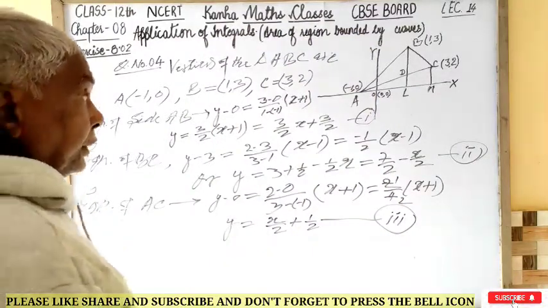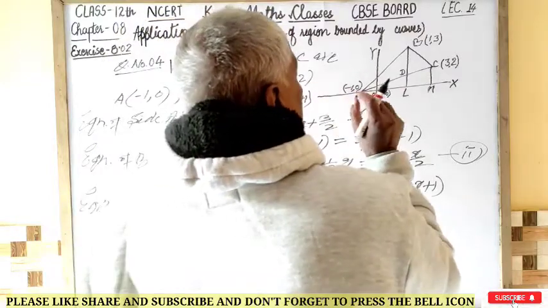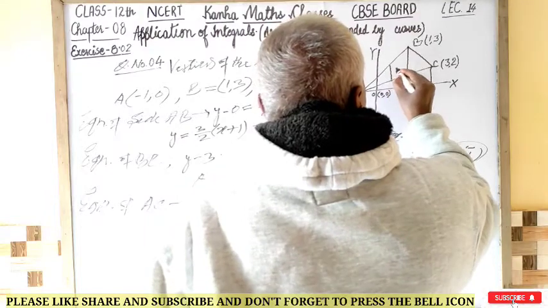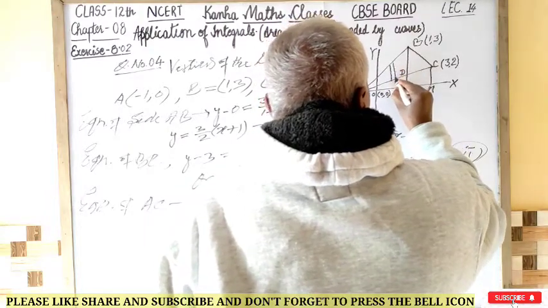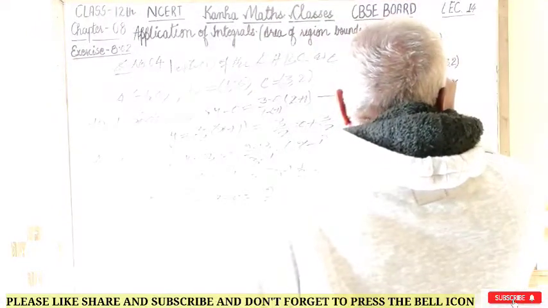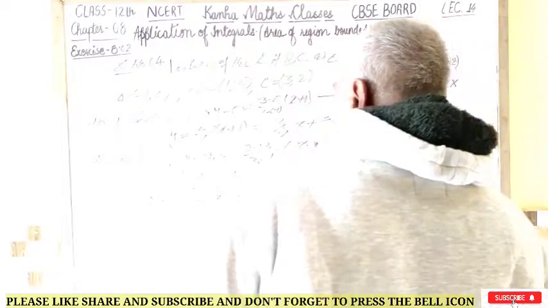For finding the area of the triangle, we will use a small strip in the triangle ABD and a small strip in the triangle DBC.